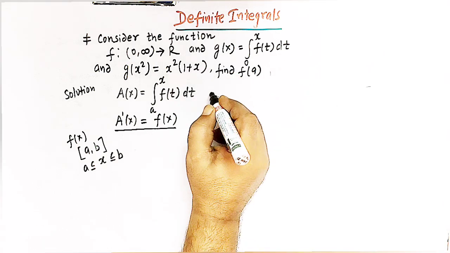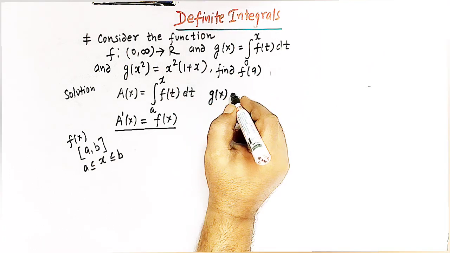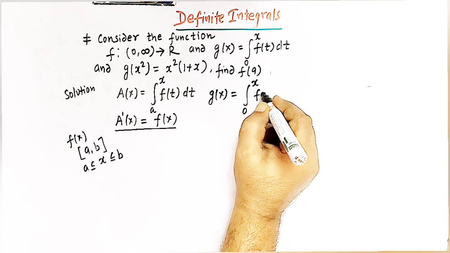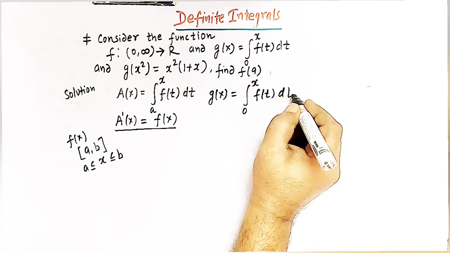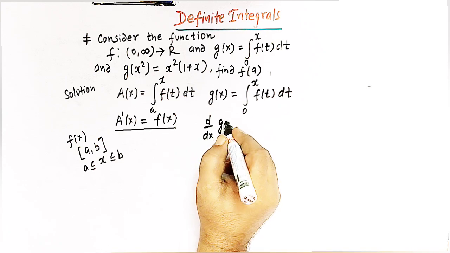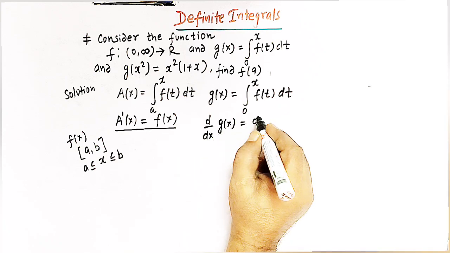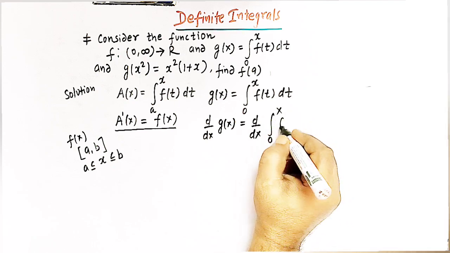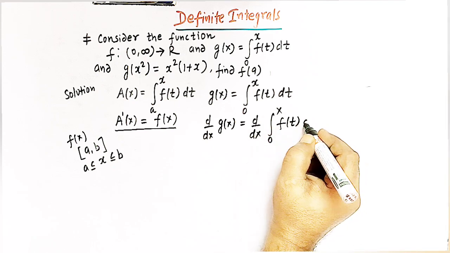Here we are given that g of x is equal to the integral from 0 to x of f of t dt. Now if we differentiate both sides, that is d by dx of g of x, then we have d by dx of the integral from 0 to x of f of t dt.